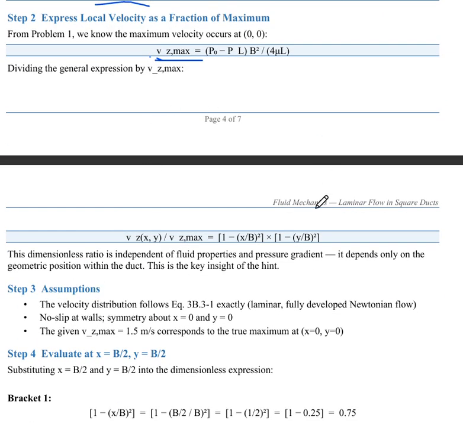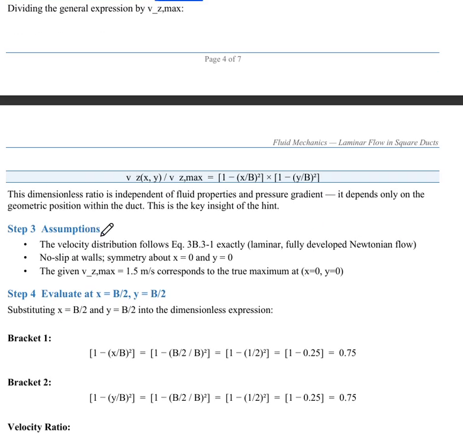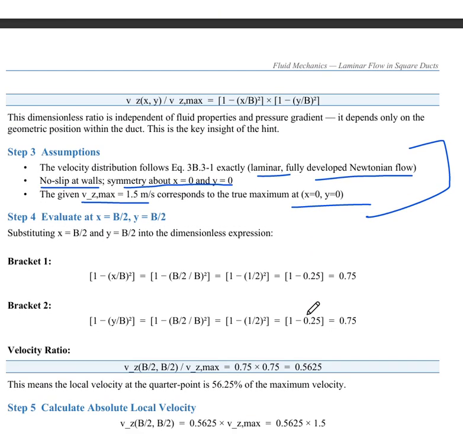As we go further in this problem, we take certain assumptions: velocity distribution follows exactly the given equation, fully developed Newtonian flow, no slip at walls, symmetry about the center. The given max from the previous problem, 1.5 meter per second, corresponds to the true maximum at x comma y equals 0 comma 0.